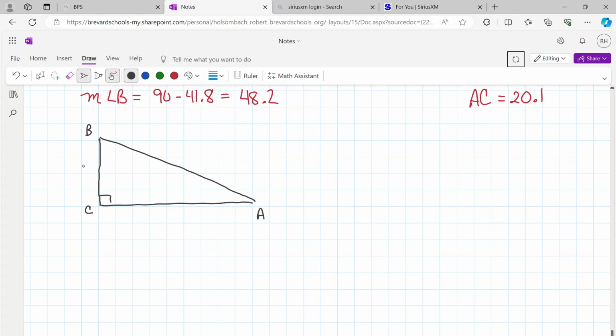BC is 6, AC is 20. The directions say use a calculator to find the measure of angle A to the nearest tenth. So we're going to find the measure of angle A first.